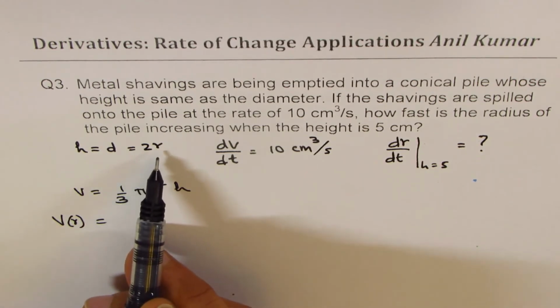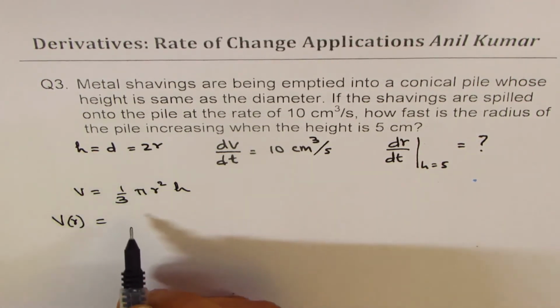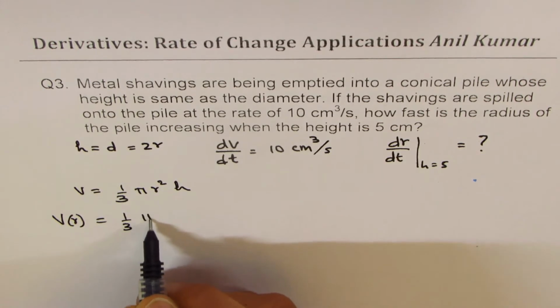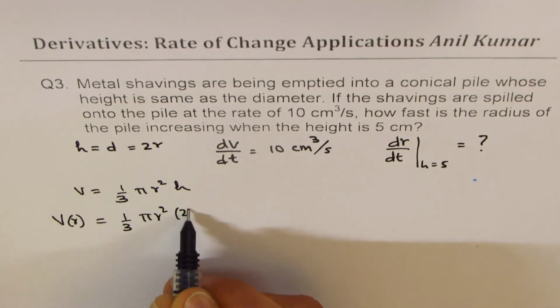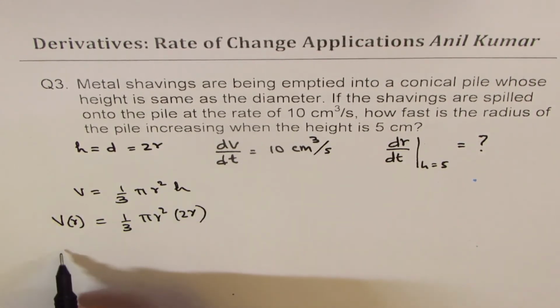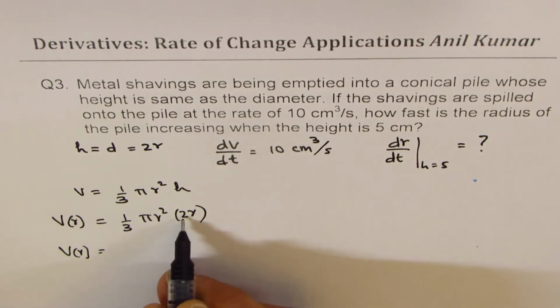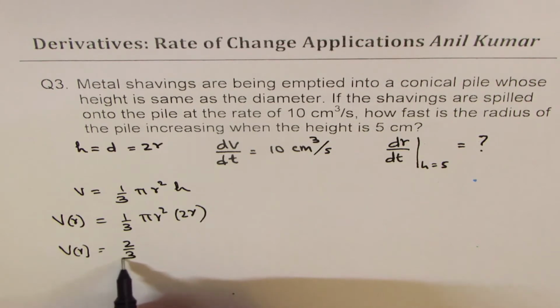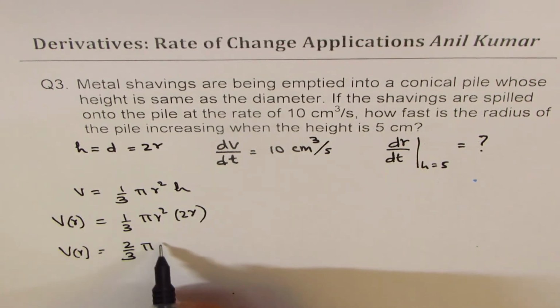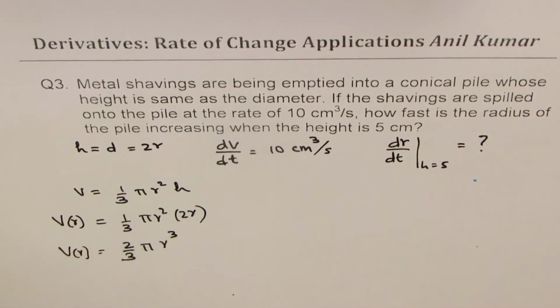Now from here, we know height is 2 radius, right? So it could be written as 1 by 3 pi r square times 2r. So we get the volume expression as a function of radius, which comes as 2 over 3 pi r cube.